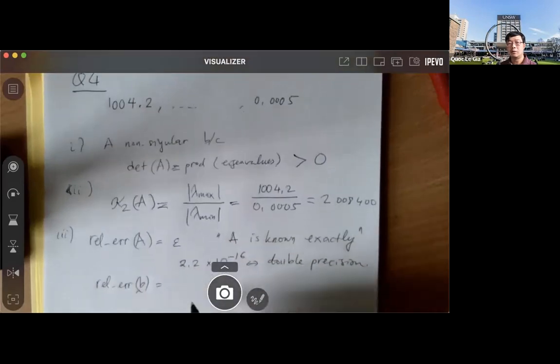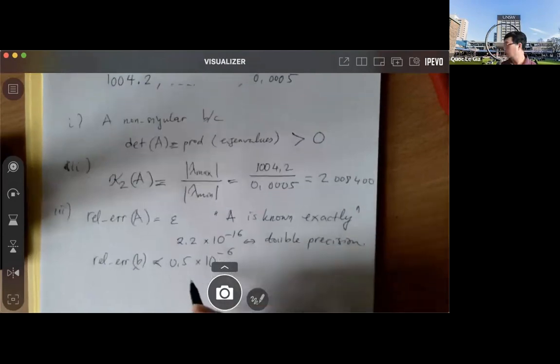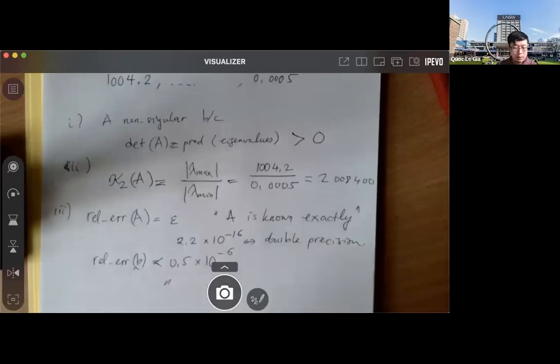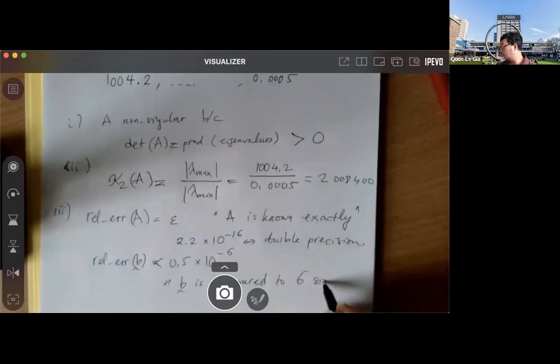Okay, so maybe the internet just dropped out, but now the relative error for B is less than 0.5 times 10 to the minus 6. Why is that? Because of a phrase in the question: B is measured to 6 significant figures.